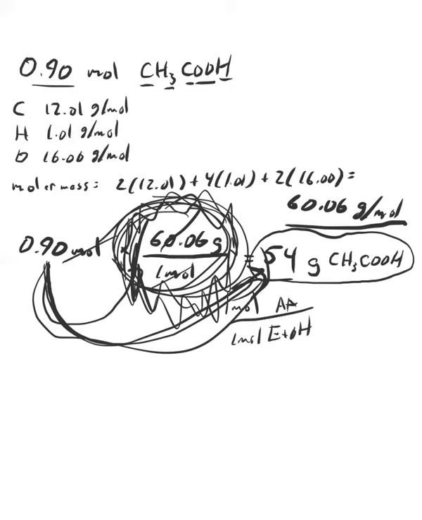Professor, sorry, I'm a little bit behind, but where did you get the 2 plus the 4 plus the 2? So that's back, go back and do section 3.4. That's how you calculate the molar mass of a compound. Yeah, you'll cover that in that section. Right, because 3.3 is balancing equations. 3.4 is mole and molar mass.